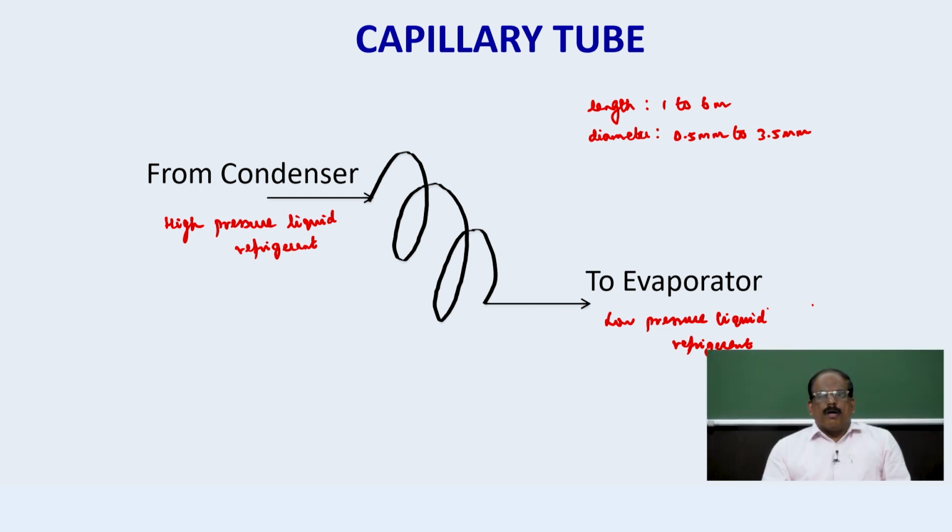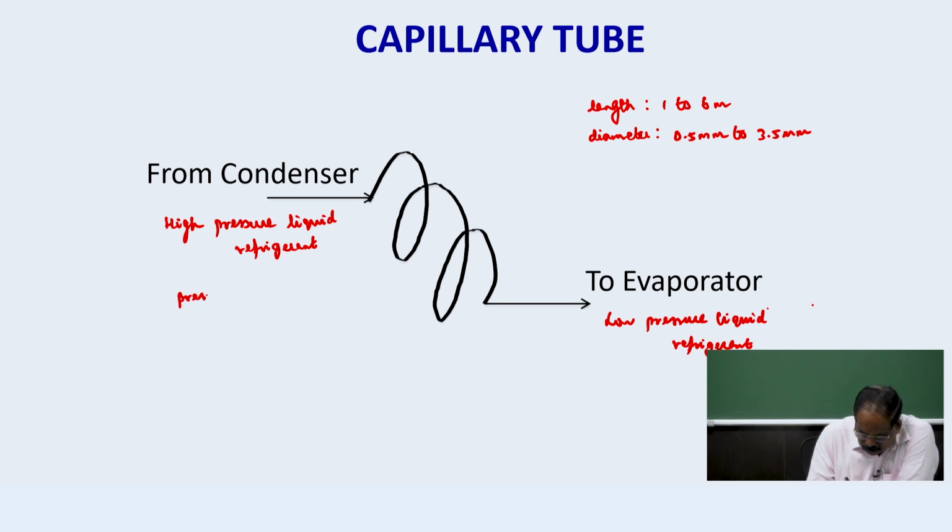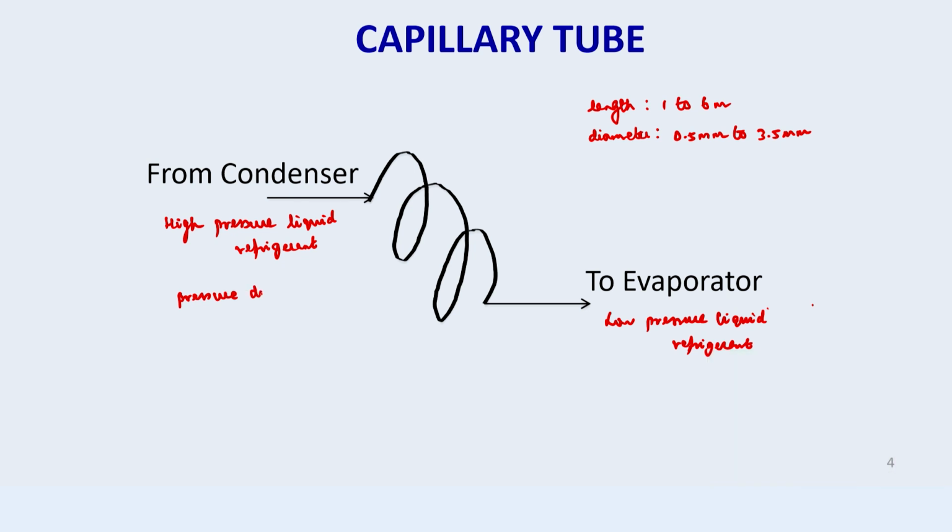How does the pressure drop occur in a capillary tube? There are 2 reasons for the pressure drop which occurs in the capillary tube. Number 1, the working fluid, which is the refrigerant, has to overcome the tube wall resistance due to friction. So let me write here itself, pressure drop occurs due to two reasons.